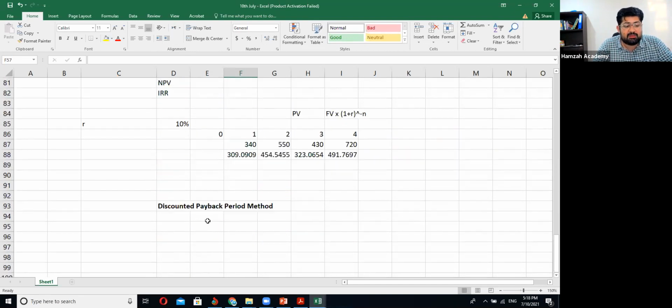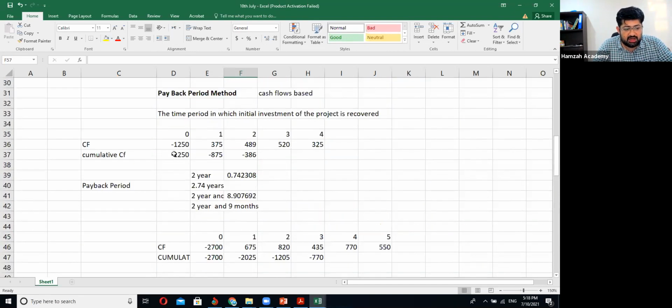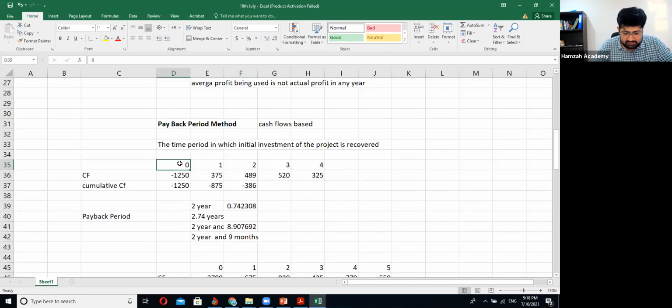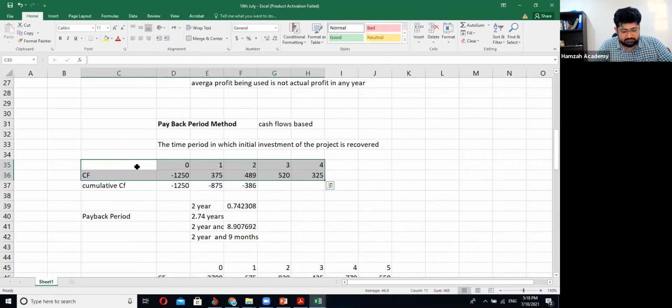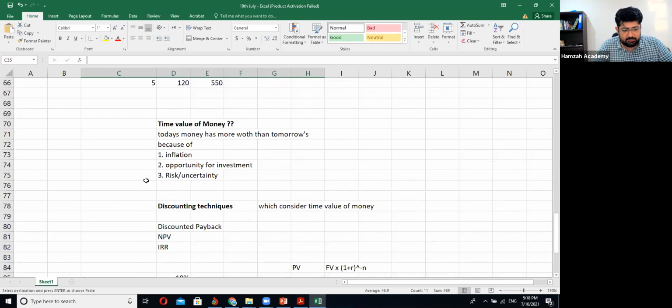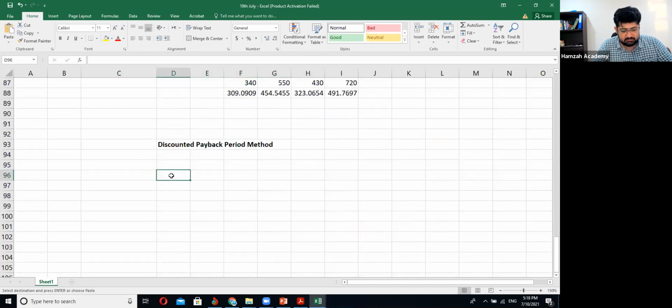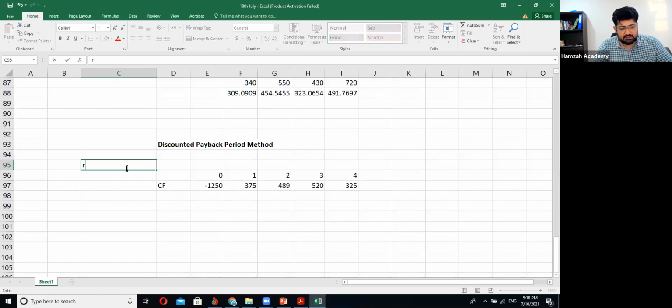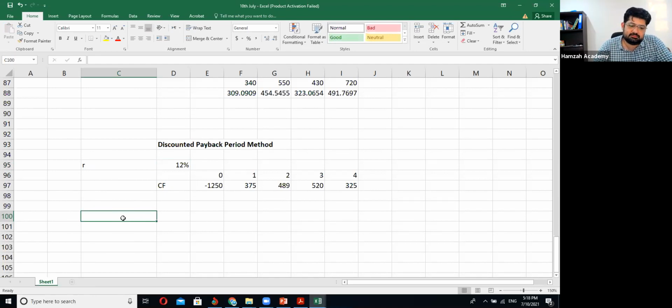For the discounted payback period method, I will simply copy the same cash flows of the project. I say rate of return R is equal to 12%.